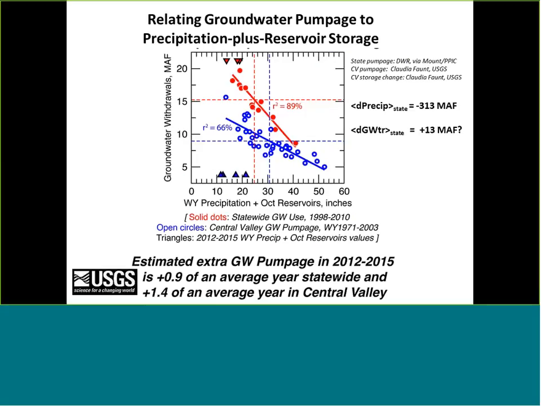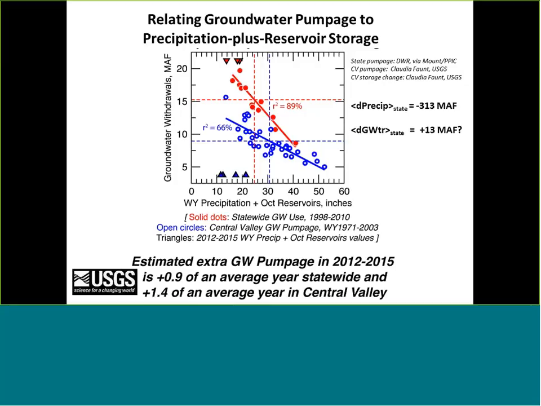Here I'm just playing a game of taking a couple of relatively long-term records, not even that long, of groundwater pumpage. Red ones are for the state as a whole. Blue ones are for the Central Valley. And with these historical records, I'm basically asking how they relate to the sum of the carryover water in the reservoirs from the year before, plus the amount of precipitation that fell in the year of the pumpage that's being mapped here.